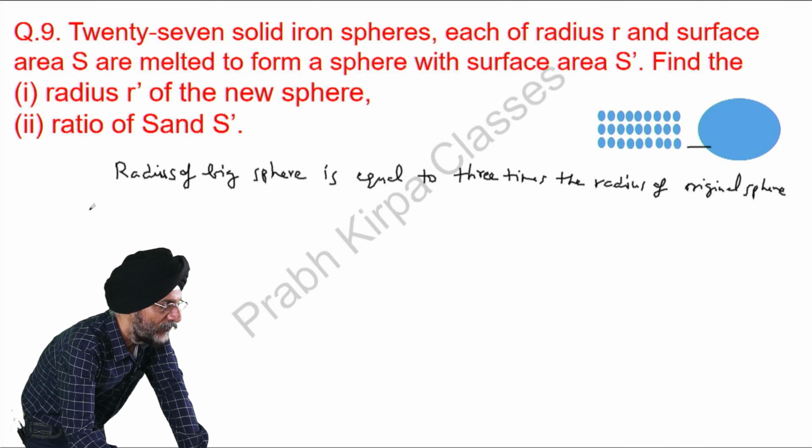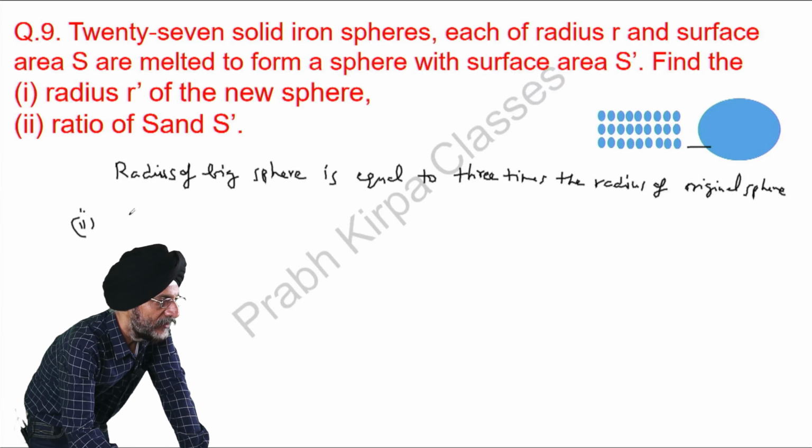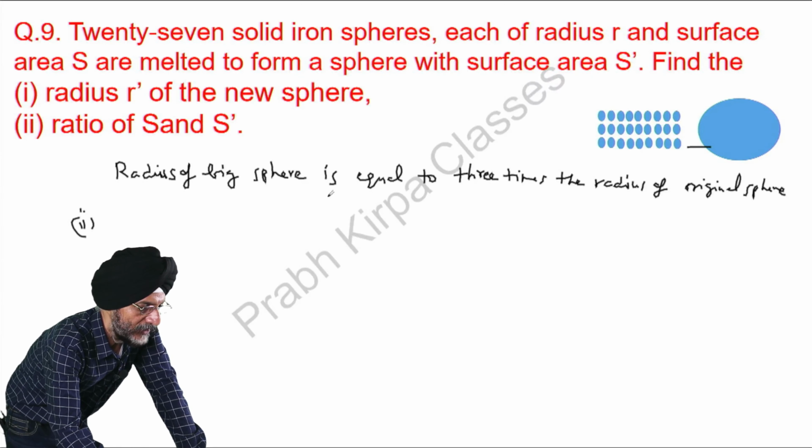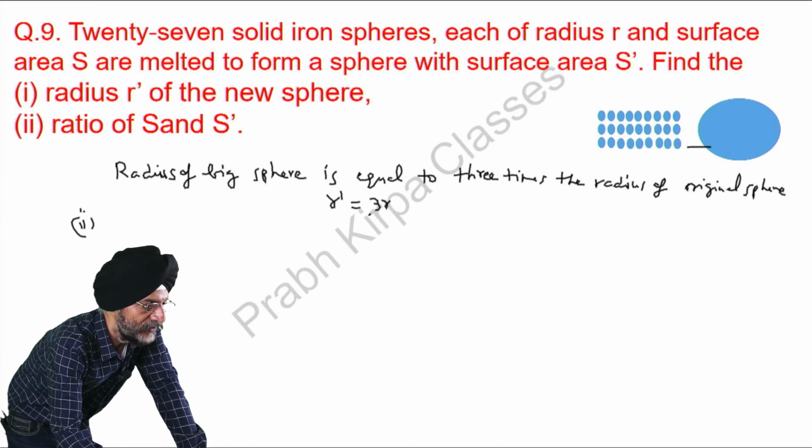So now what is the other question before us? First, we have calculated that r dash is equal to 3r. This is the first answer.